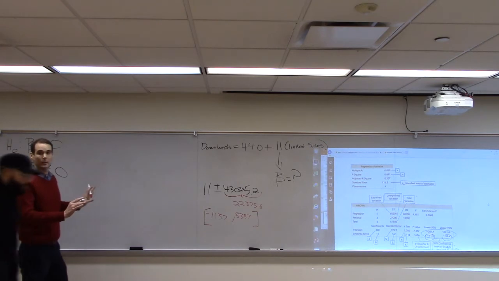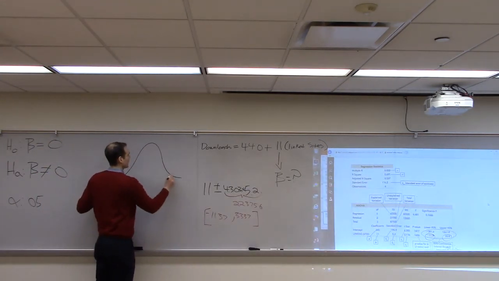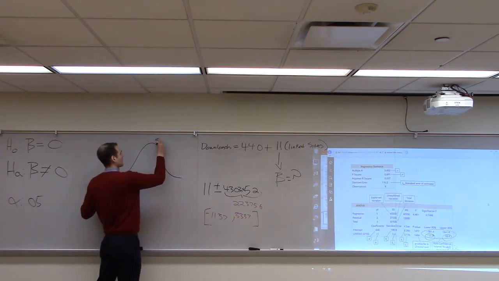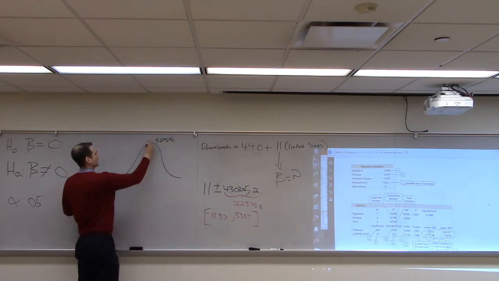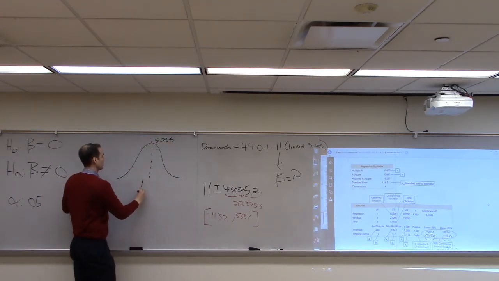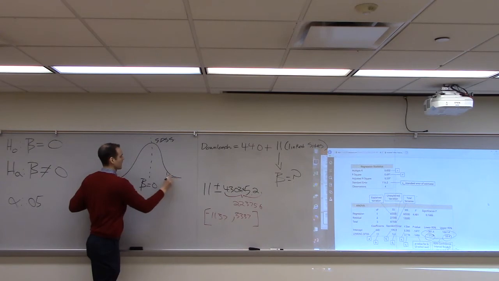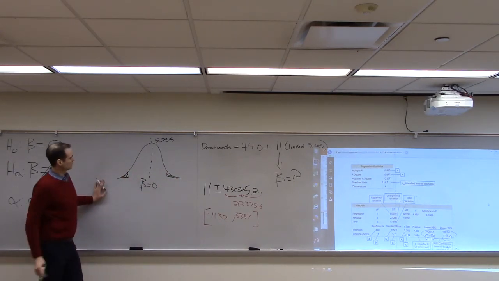Let's set up our rejection region. This is the sampling distribution of the sample slope. If the null hypothesis is true, the true population slope equals 0. A little bit less or more, fine, but a lot less or more, that's when we think we can reject the null and maybe get something useful.